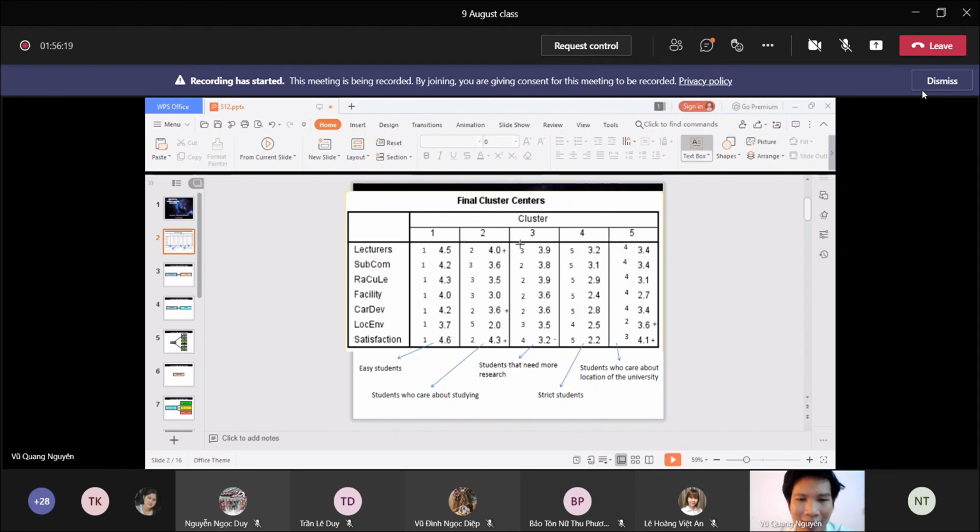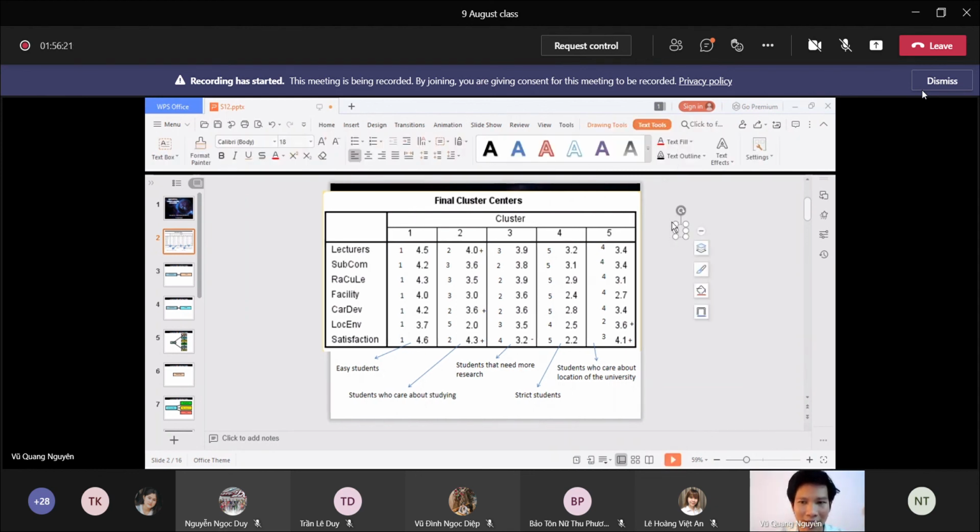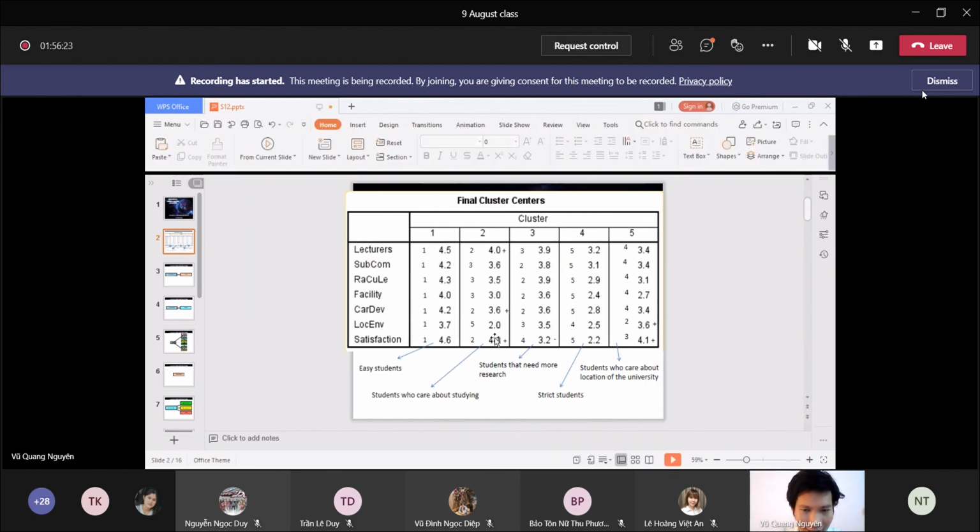Just look at cluster 2 here. I work with cluster 2, and you can see that the first thing I care about is satisfaction, rank number 2. So this one has very good satisfaction. Then which of the aspects are also good? And then with cluster 5 here, still good satisfaction. Then which of them is still good? Then you can see what drives their satisfaction.